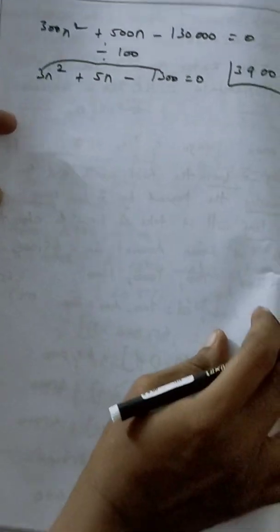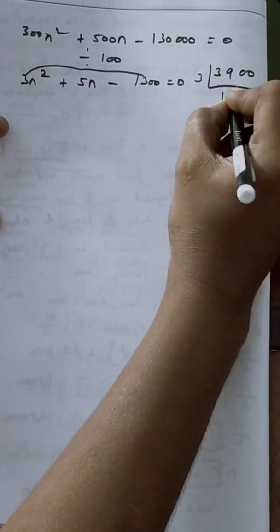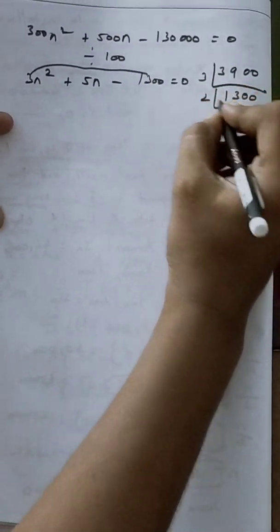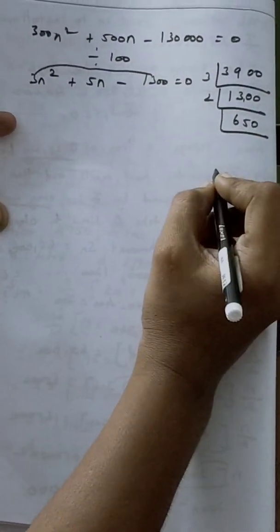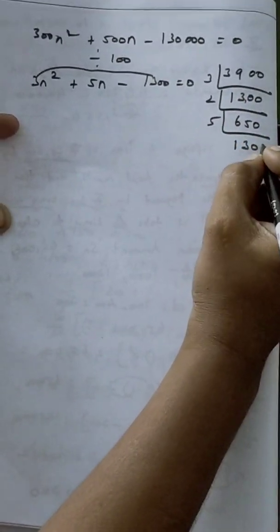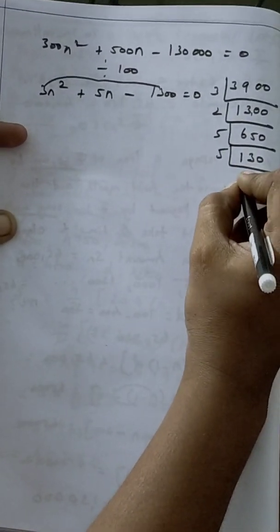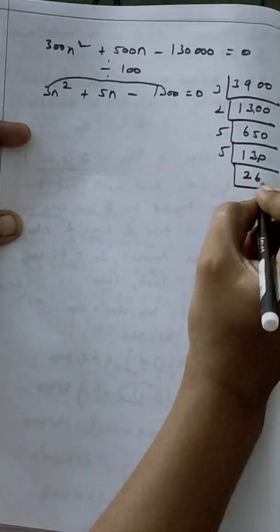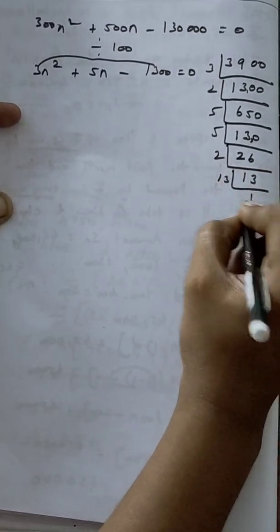Apply the 3 table: 3 times 1300, 3900. This one again divided by 2 table: 6 twos are 12, balance 1, 10 is 5, 0. So 650, divided by 5 table: 130. Again divided by 5 table: 2 fives are 10, balance 3, 30 is 6 times. Again 26 divided by 2 table is 13 times, and 13 is a prime number.